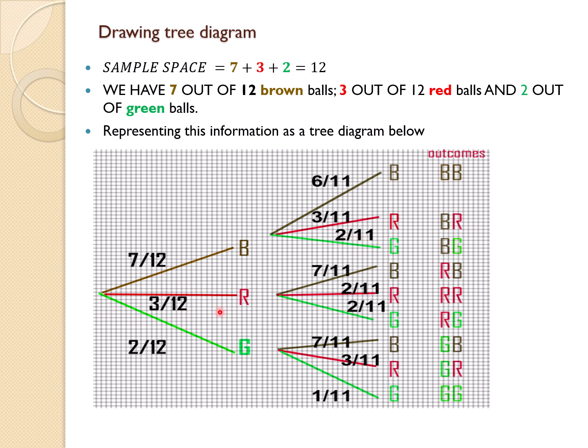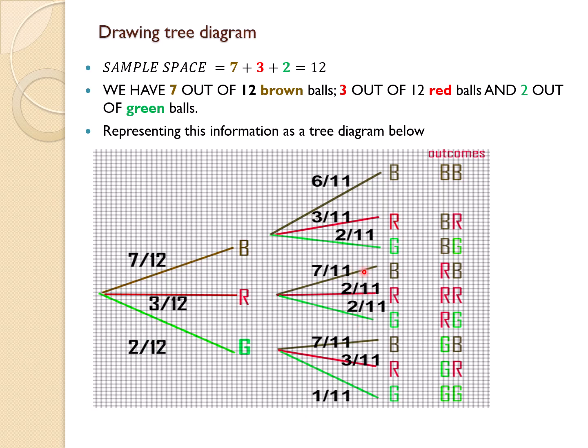Same thing applies after I've selected the red. I can again select brown, red, or green. So if I had 3 out of 12 red balls, I've selected 1, I'm left with 2 out of 11 red balls. The green ones I haven't selected, so I still have 2 green balls, but out of 11.